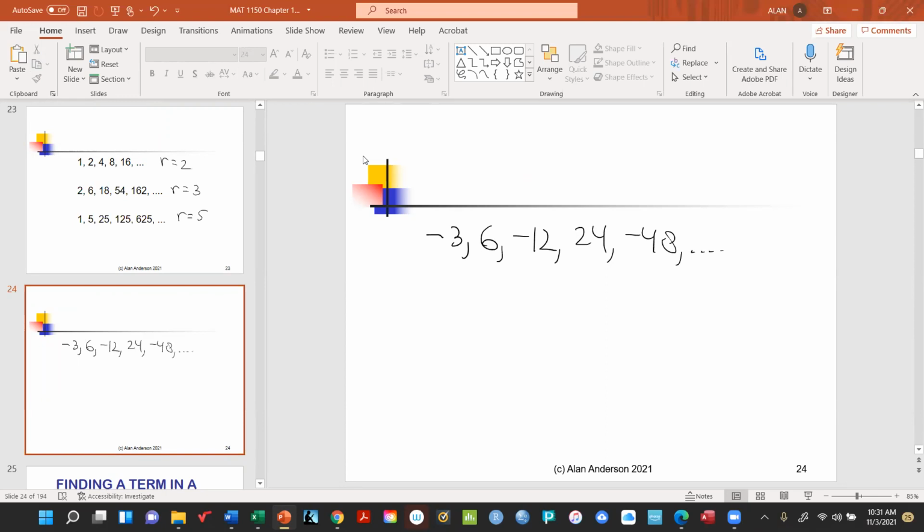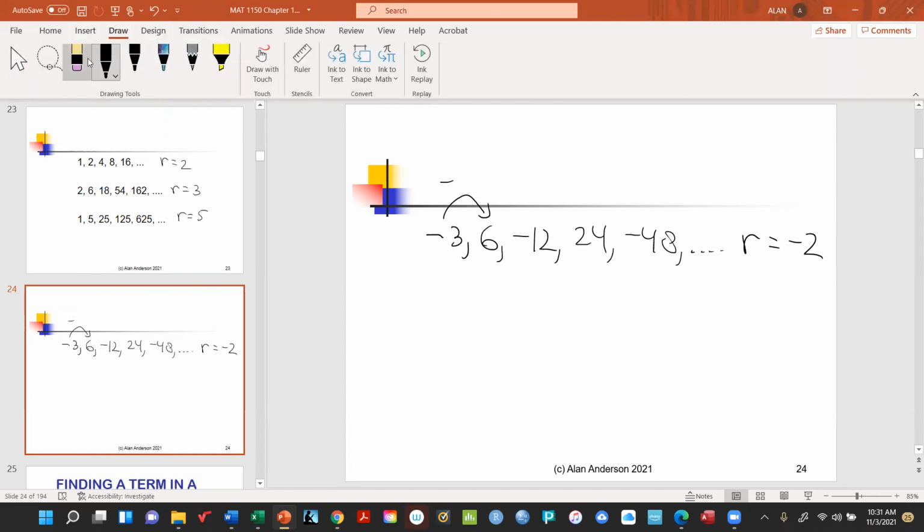Well, what's unusual about this one is that the common ratio is actually -2. You can tell because we're given the starting point, what we're actually doing here each time is multiplying by -2. And that's why the signs are alternating between positive and negative. So we're multiplying it by -2 each time to get to the next term in the sequence.